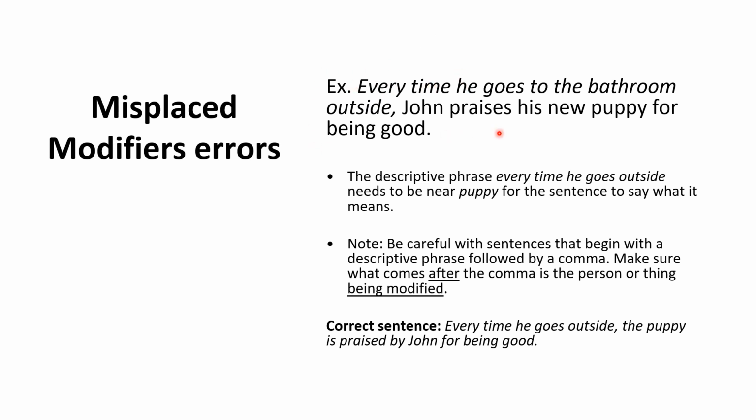Okay, so whenever you see a sentence like this, make sure that the word that comes after the comma is definitely the word that is being described by the phrase. Okay, make sure that it makes sense, right? Otherwise, the word that comes after it will be considered the mistake. Okay?